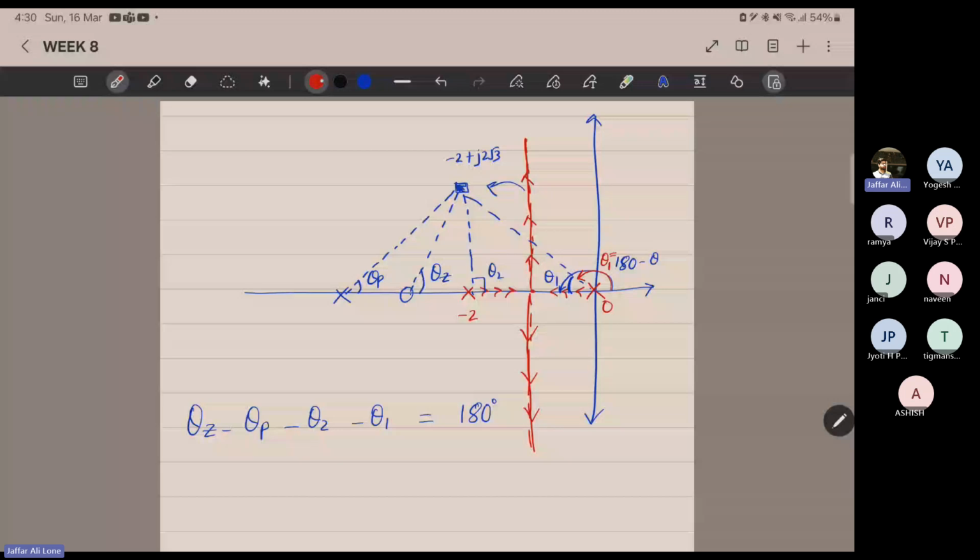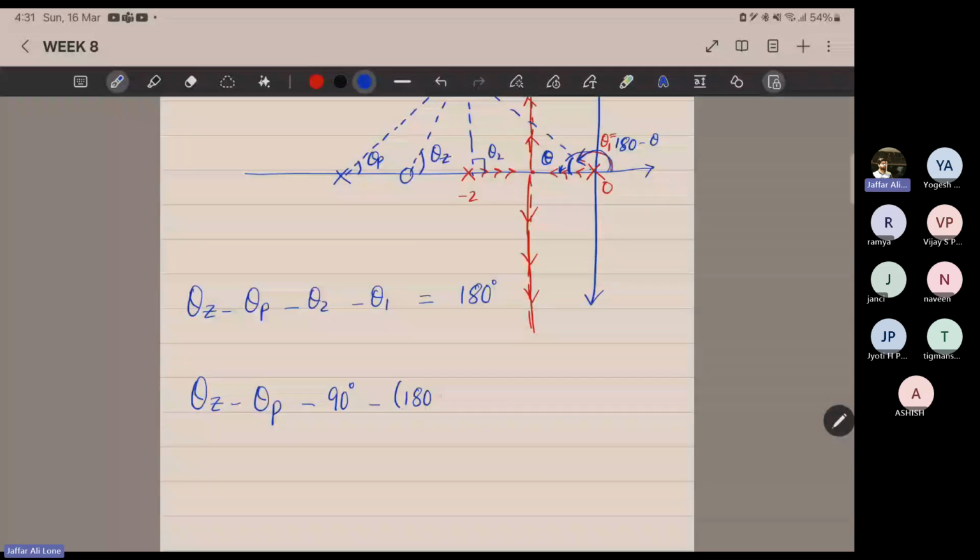Right? So let's put in the values. We have theta z minus theta p. What is theta 2? Theta 2 we can straight away see is 90. So theta 2 is 90 degrees minus, what is theta 1? 180 minus theta.